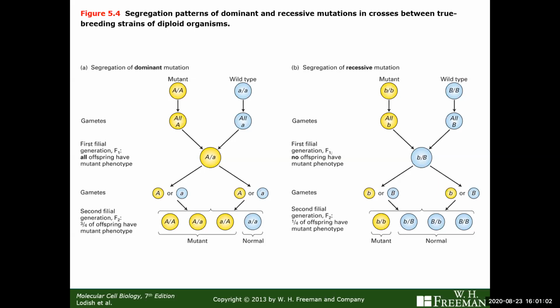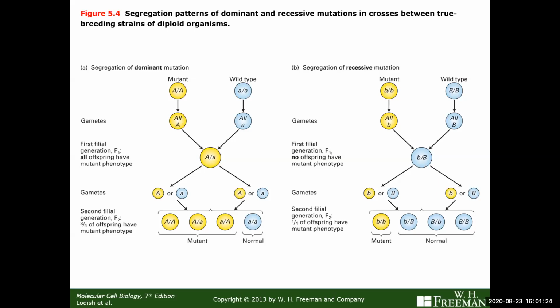So it will be capital A over small a. But because capital A is a dominant allele, its phenotype will be seen through. Therefore, the heterozygote, capital A over small a, will have the mutant phenotype.